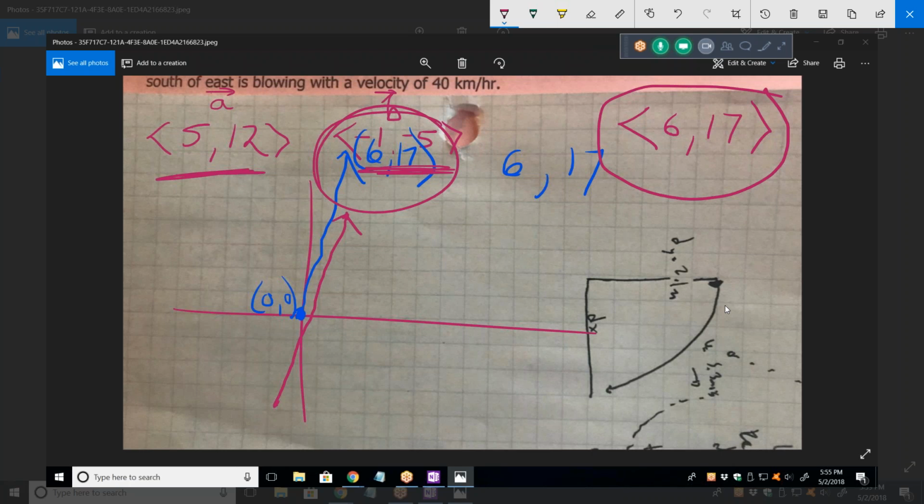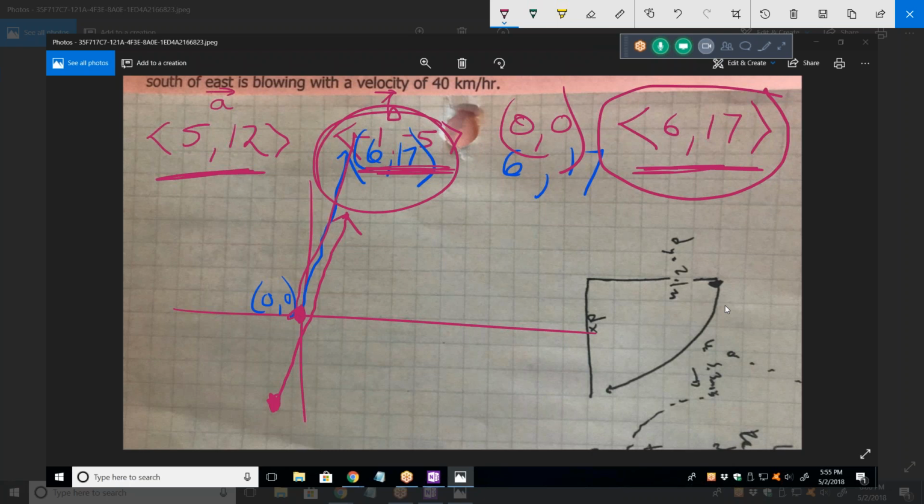And this presumes that one end of the vector is 0, 0. But remember, the blue vector is the identical vector as the pink one. It's the same magnitude and exactly the same direction, just in a different position. All I did was move this point right here up to the origin and then continue on.